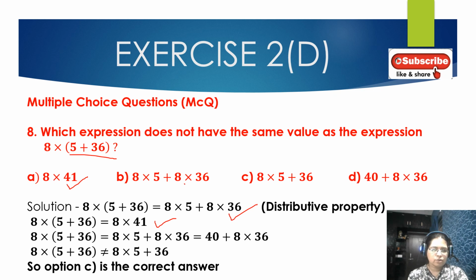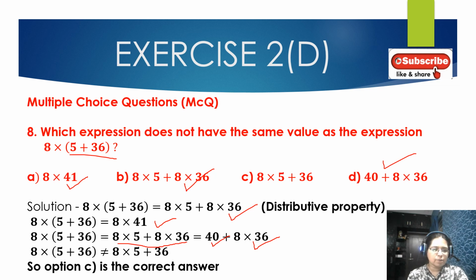Option D: we can write 8 multiplied by (5 plus 36) as 8 multiplied by 5 plus 8 multiplied by 36, and 8 multiplied by 5 is 40, plus 8 multiplied by 36. So option D also has the same value as 8 multiplied by (5 plus 36), where 5 plus 36 is inside the bracket.